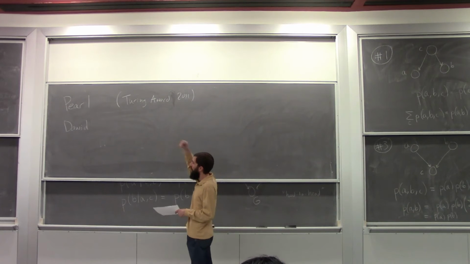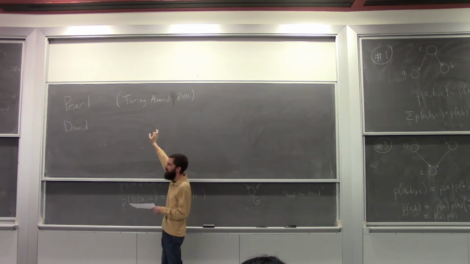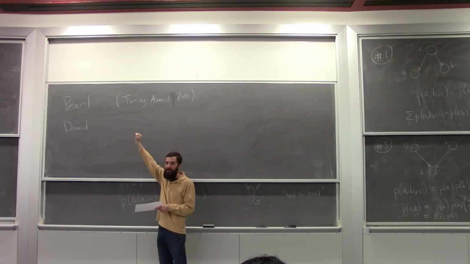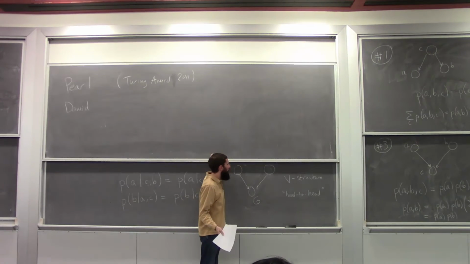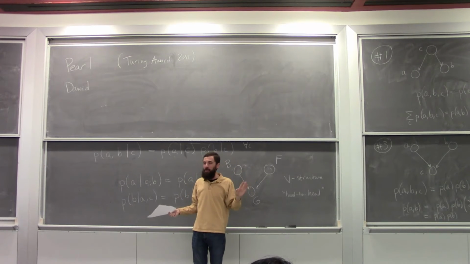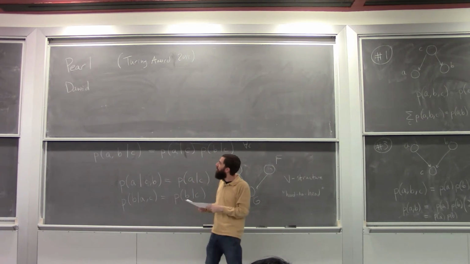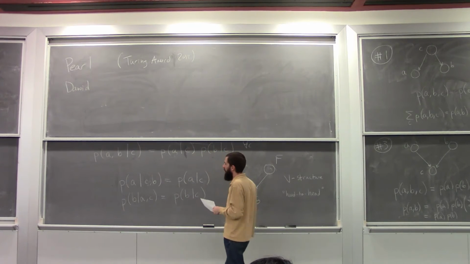Pearl has several important books, but one that's called Causality explains the point I made last time, that probability actually can't tell us anything about causality, and the first person to explain that was Pearl.